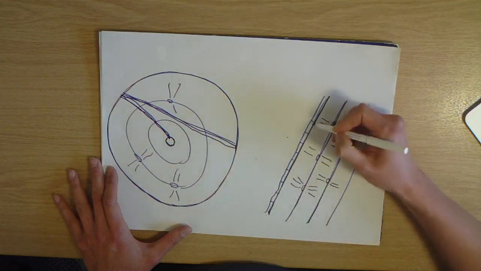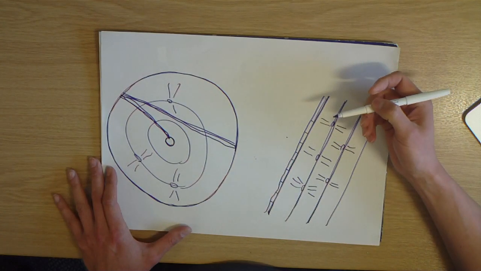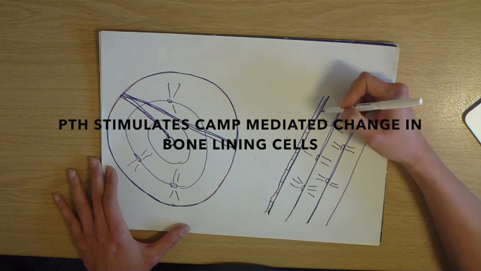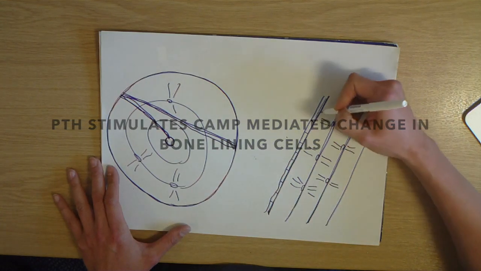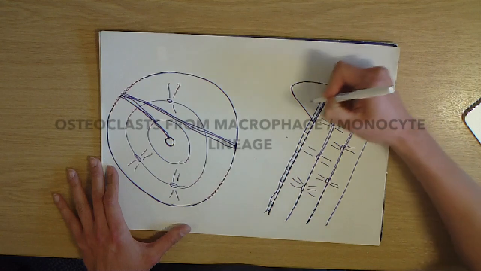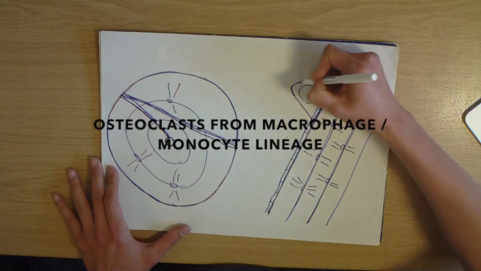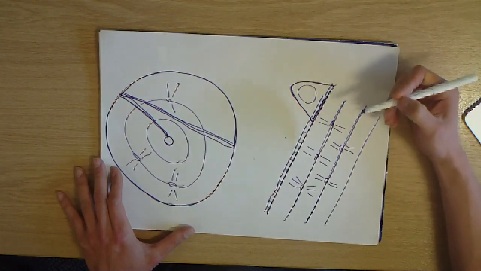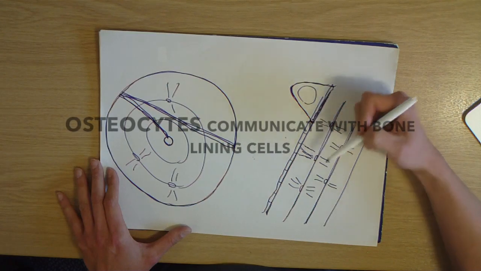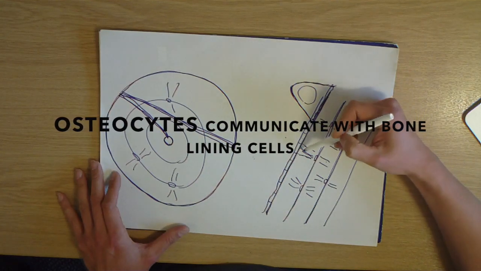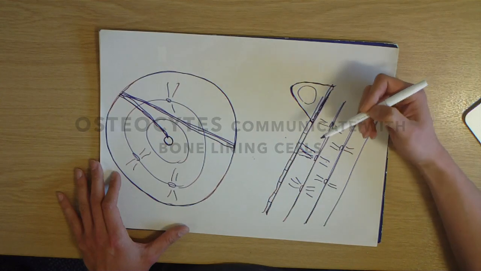These have a gatekeeper function, so they undergo a morphological change when stimulated by parathyroid hormone, and this is by the cyclic AMP mediated pathway, and this then exposes the surface of the trabecular bone to osteoclasts, which are multinucleate giant cells derived from macrophage lineage with a ruffled border, and these absorb bone.